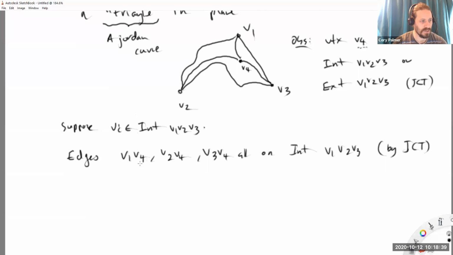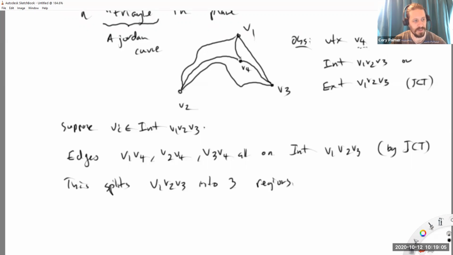And the Jordan curve theorem tells us something else: these three lines coming out of V4 and going to V1, V2, V3 split the interior of V1, V2, V3 into three regions. You have to just apply Jordan curve multiple times, but the inside gets split into three parts here.